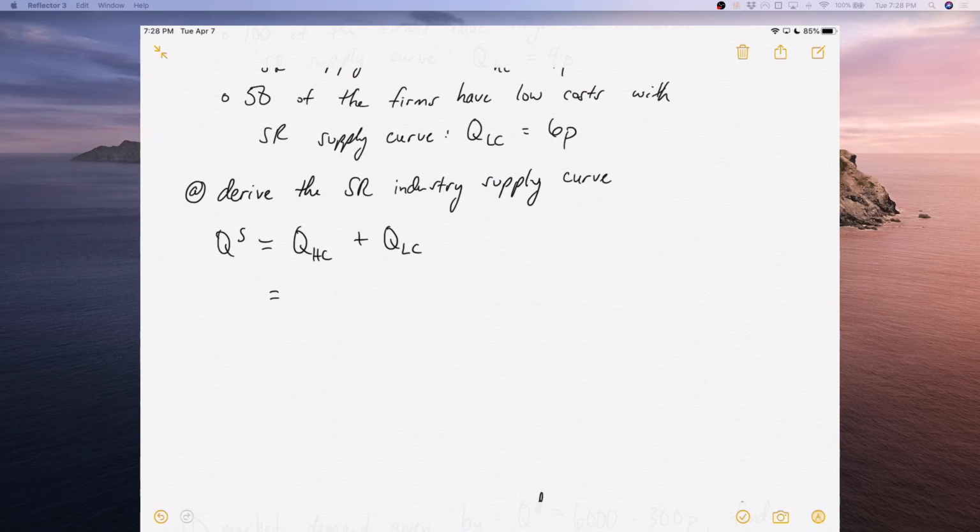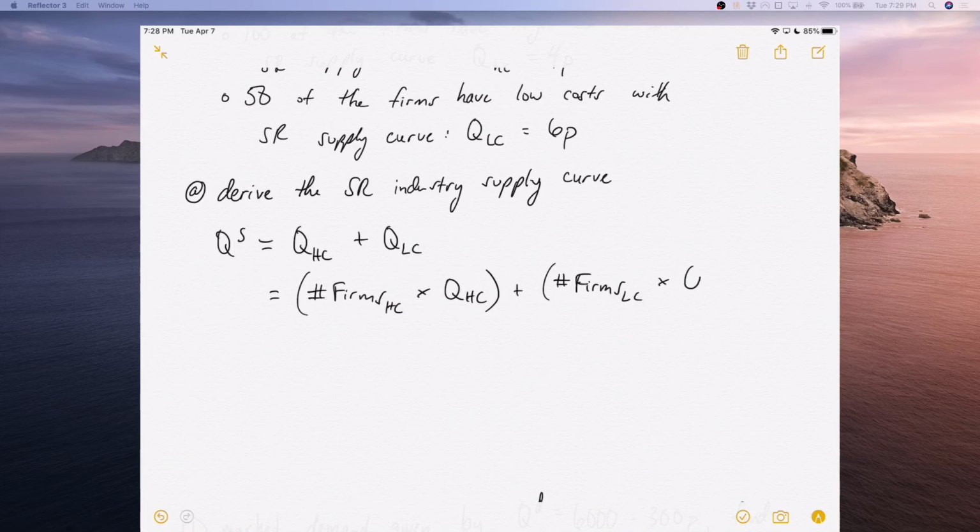It means we're just multiplying the number of firms that are high cost by the quantity that the high cost firms are producing and adding that to the number of firms that are low cost times the quantity that are low cost.